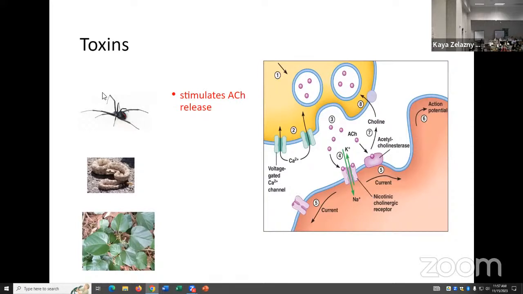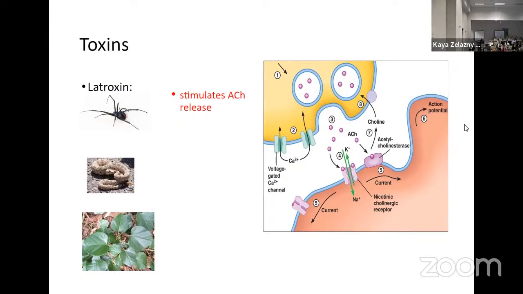So this first toxin that we're thinking about stimulates release of acetylcholine. When we say it stimulates acetylcholine, we mean that we're going to release a lot more of that neurotransmitter. So we're going to see more neurotransmitter here in this synaptic cleft at the neuromuscular junction.